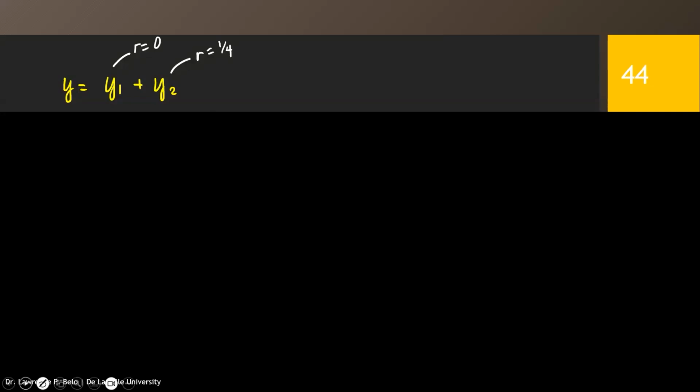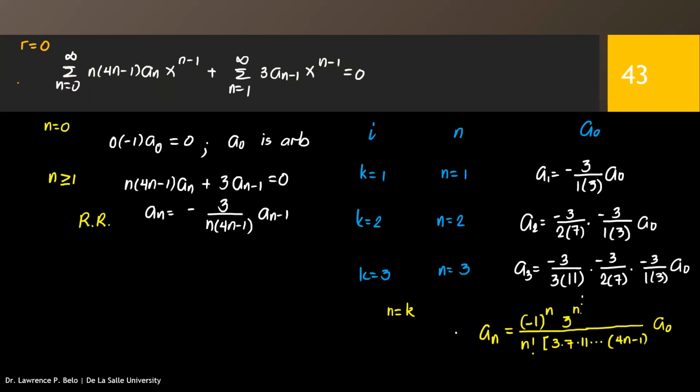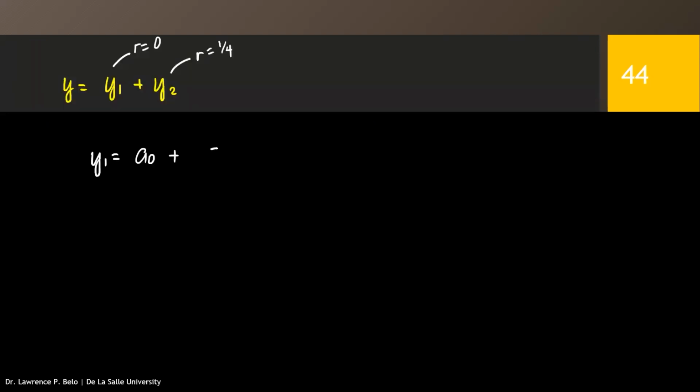So for our y1, we can see that the answer is a sub 0 plus our a sub 1 is already here. I can say the summation from n equals 1 to infinity of -1 raised to n, 3 raised to n, all over n factorial.